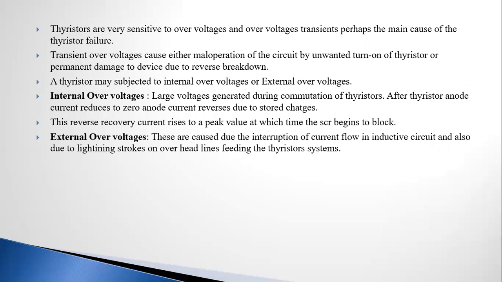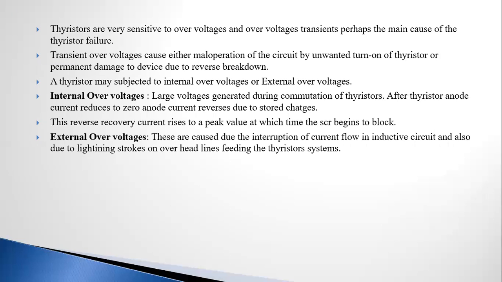Thyristors are very sensitive to over voltage and over voltage transients, perhaps the main cause of thyristor failure. Transient over voltage causes either maloperation of the circuit by unwanted turn on of the thyristor, or permanent damage to the device due to reverse breakdown.